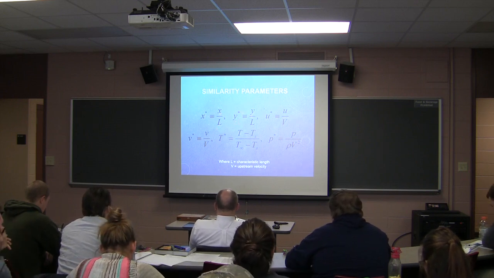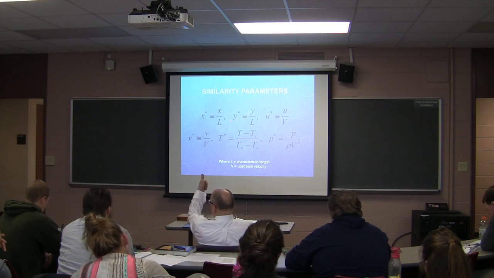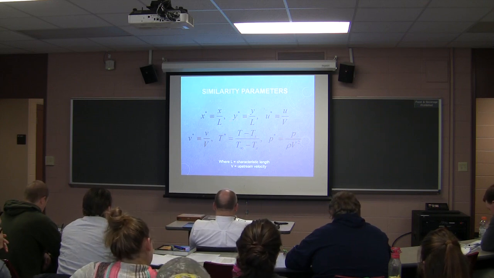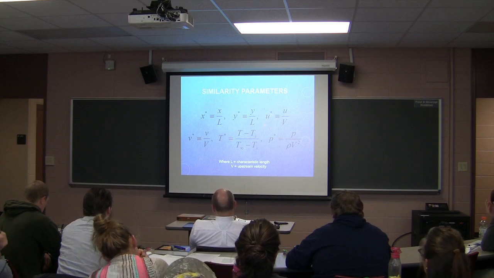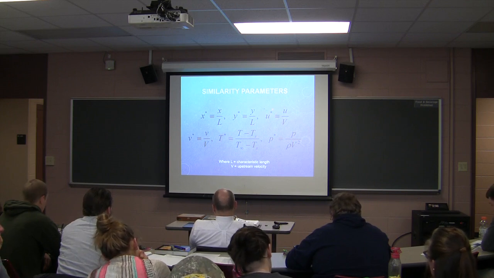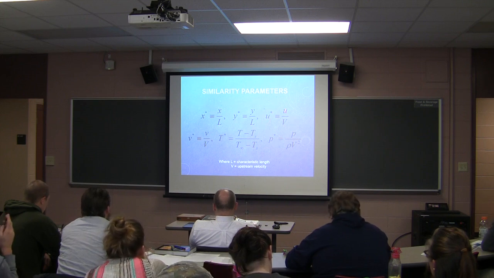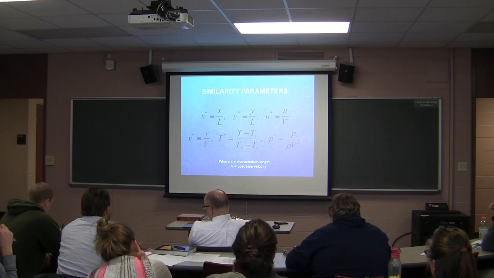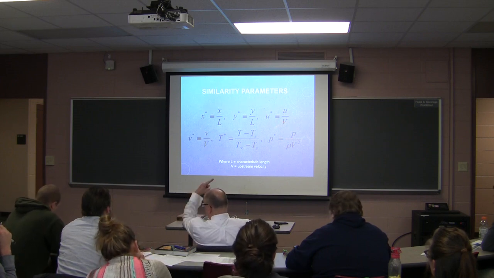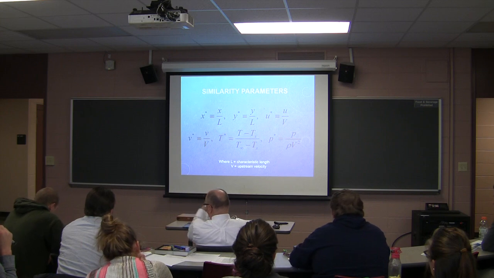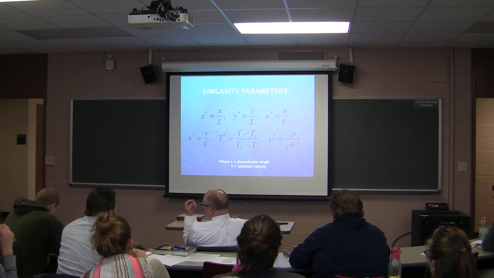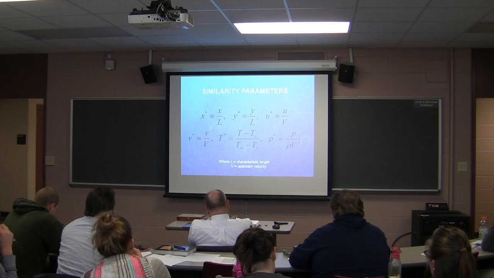Y star is going to be equal to the distance up normal to the flat plate divided by the length of the flat plate. U star, the non-dimensionalized velocity in the x direction, is going to be equal to U divided by the free stream velocity, V. Keep in mind, V is a scalar value of the vector quantity, to be precise.